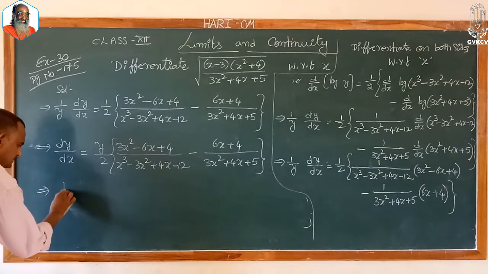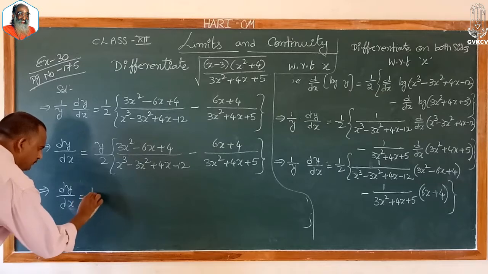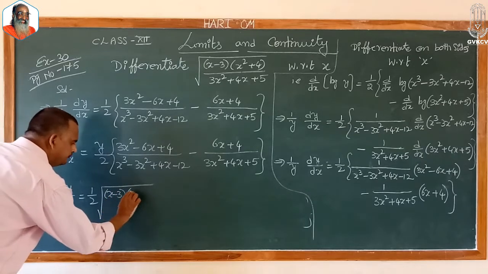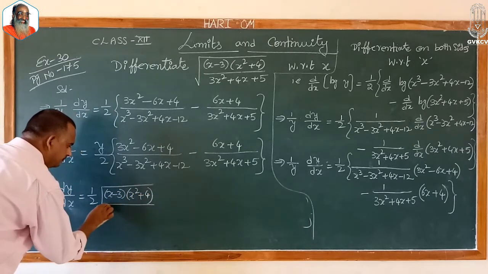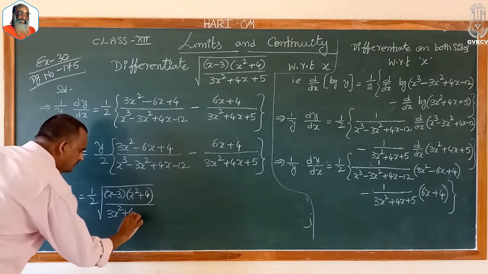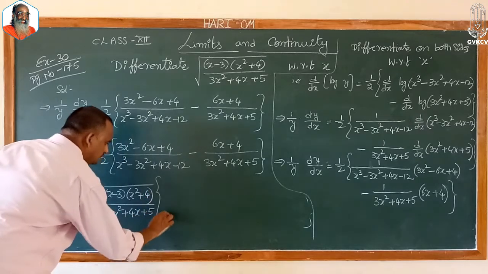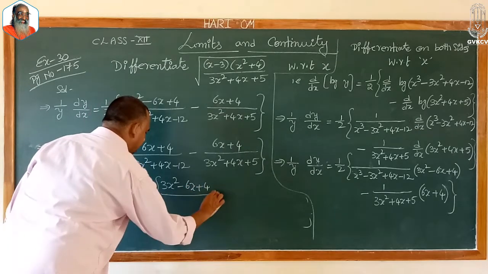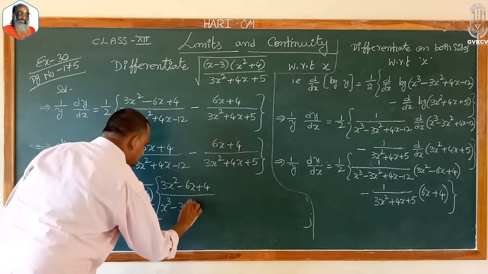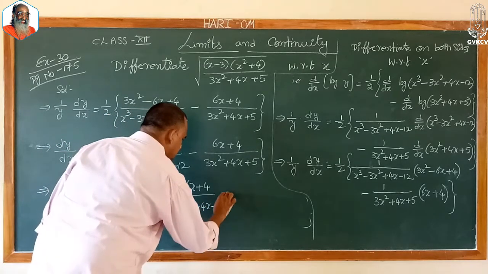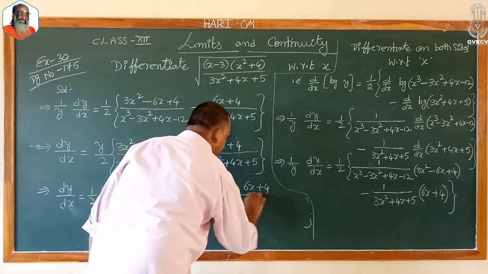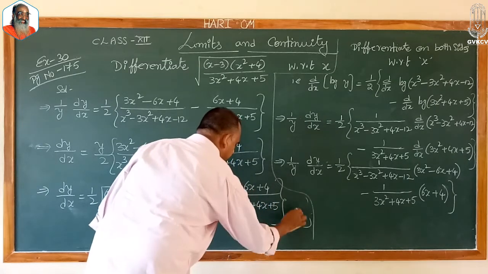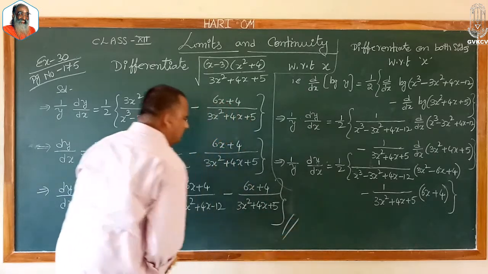So that implies dy by dx is equal to 1 by 2 into square root of (x minus 3)(x square plus 4) by (3x square plus 4x plus 5), into the fraction (3x square minus 6x plus 4) by (x cube minus 3x square plus 4x minus 12) minus (6x plus 4) by (3x square plus 4x plus 5). This is our final answer.